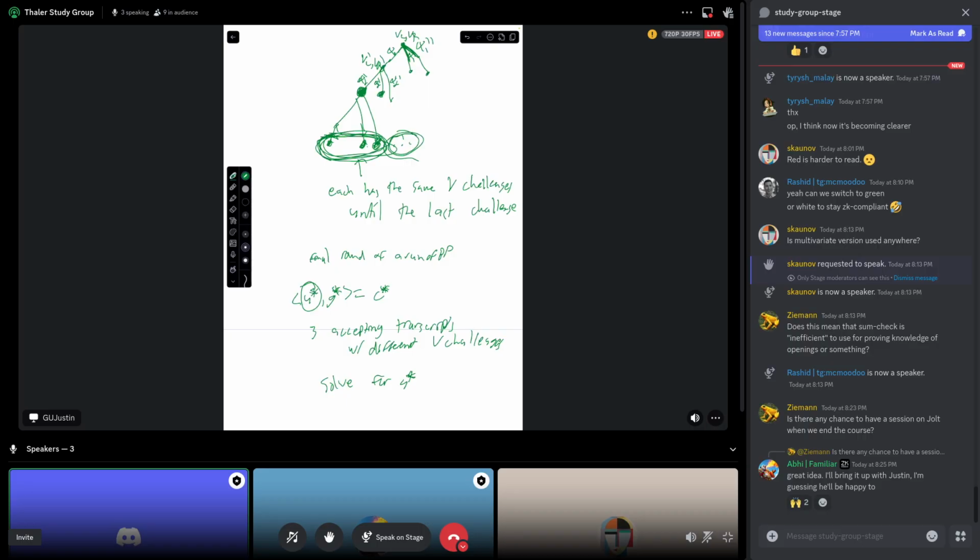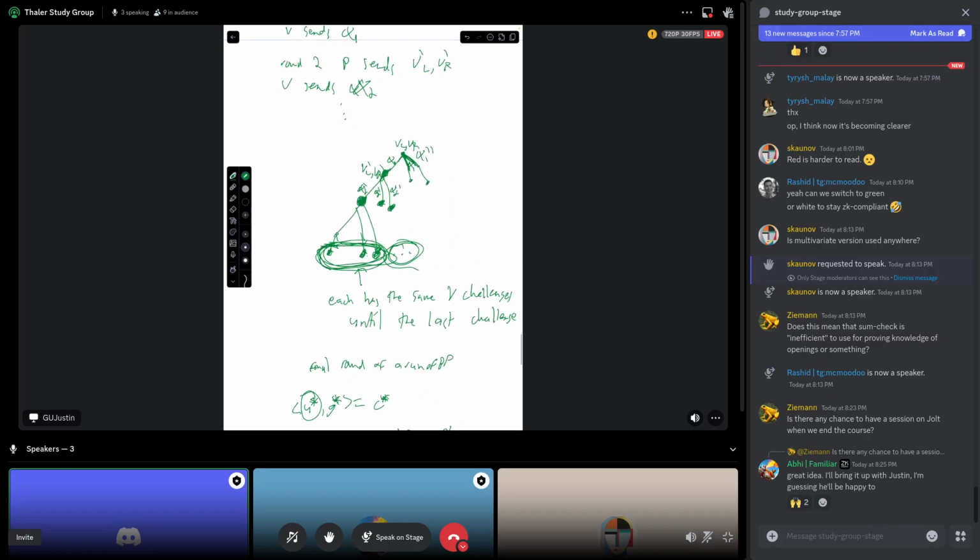If I give you 3 sibling nodes one step up from the leaves, I can solve for the vector that the prover was claiming to know at their parent. You keep doing this moving up the tree until eventually you solve for the vector that the prover is claiming to know at the root. And that vector is the vector U that the prover was claiming to know at the start of the protocol, such that U inner product G equals C. So that's how you establish generalized special soundness.